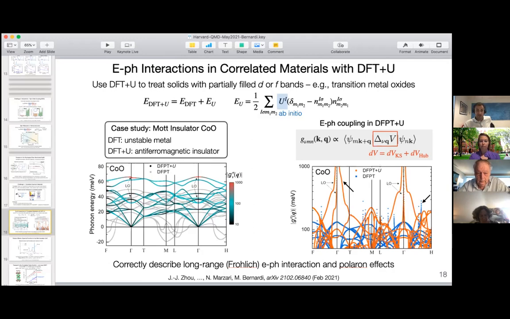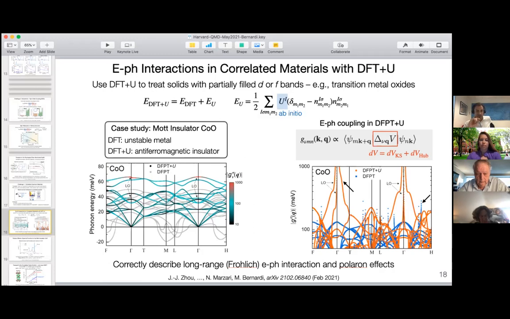And so essentially, the change in the wave function, and particularly addressing the delocalization error for the d states, plays a key role. We've shown in this paper that even once you take that into account, if you study the effect of just the Hubbard potential, which you can because you have the two terms, we see that the effect is particularly strong for the cobalt atom, and in particular for the spin channel that is open.